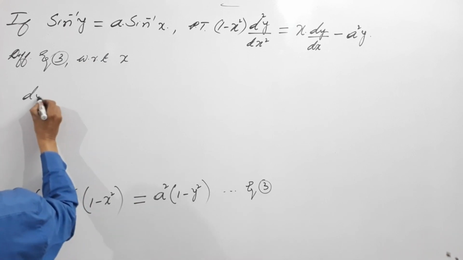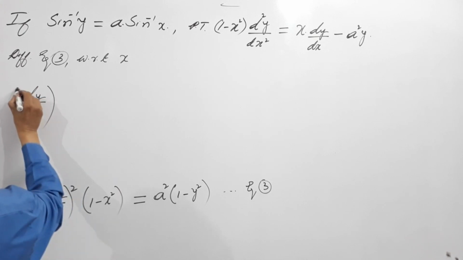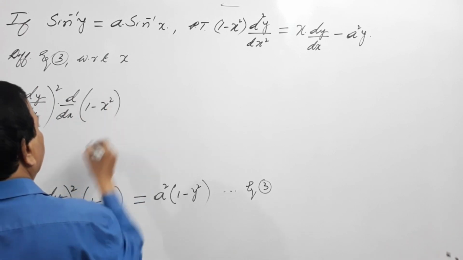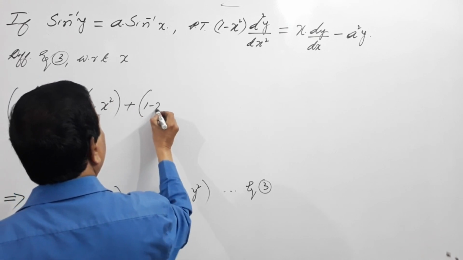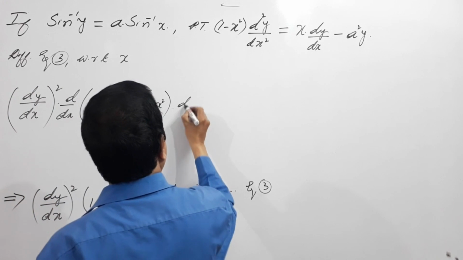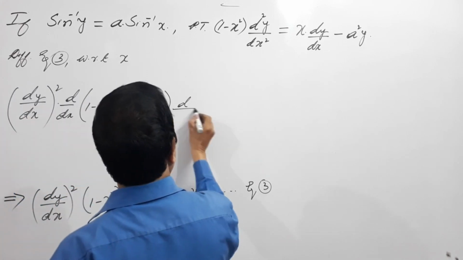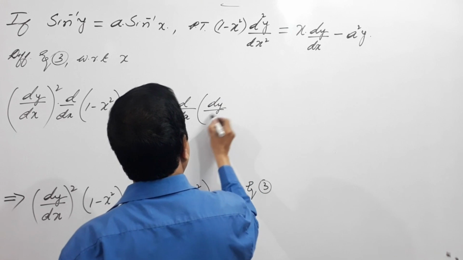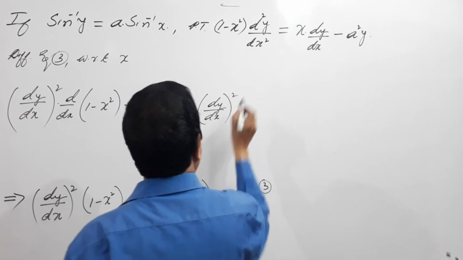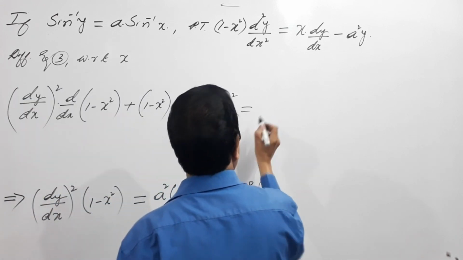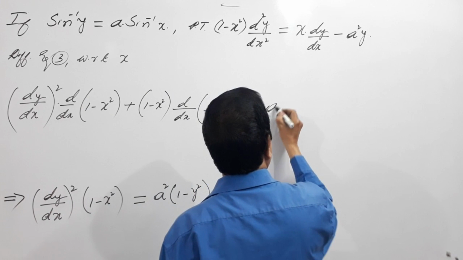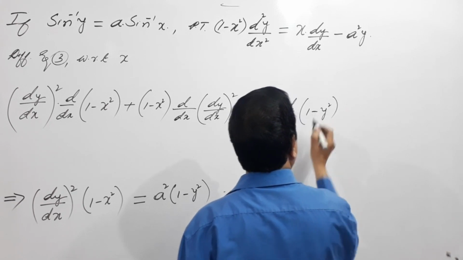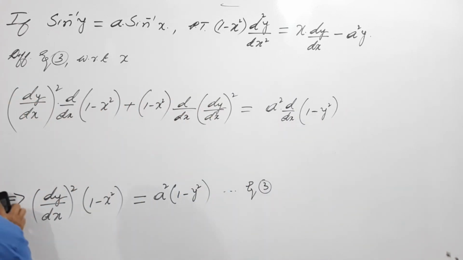So what I will do is, first (dy by dx) the whole square into d by dx of 1 minus x square plus 1 minus x square into d by dx of (dy by dx) the whole square equals to, I take this a square outside, a square into d by dx of 1 minus y square.